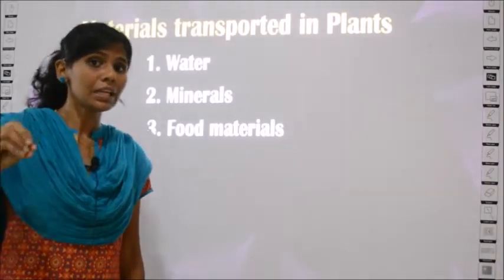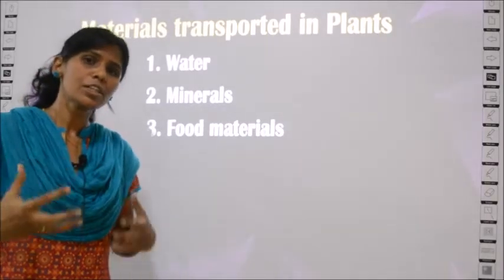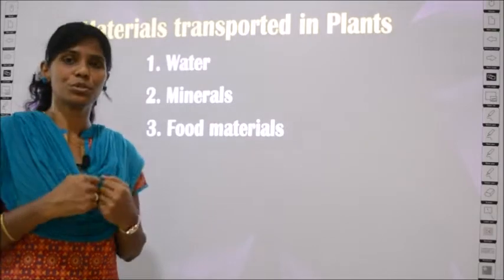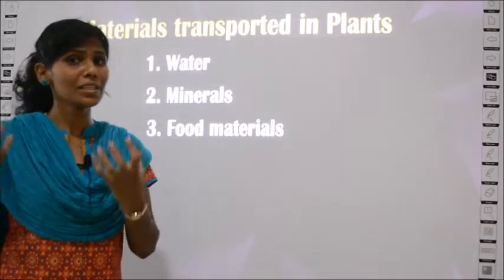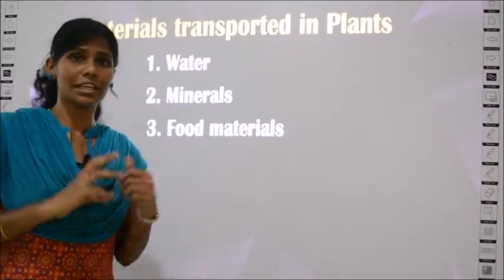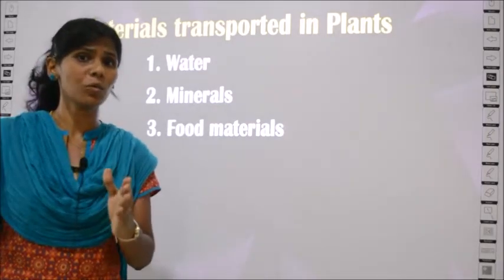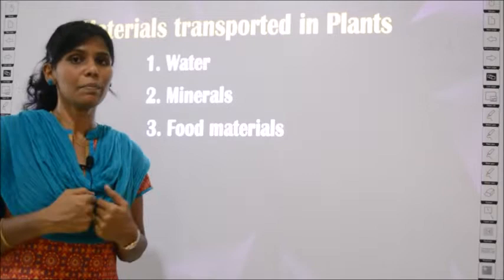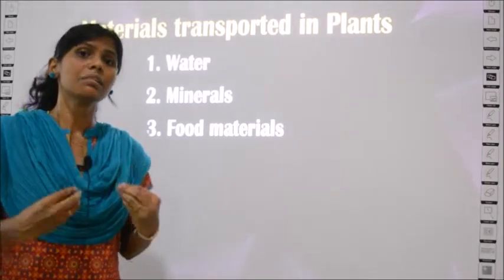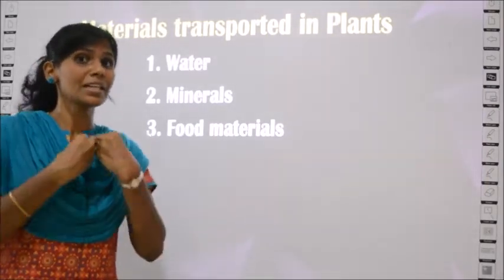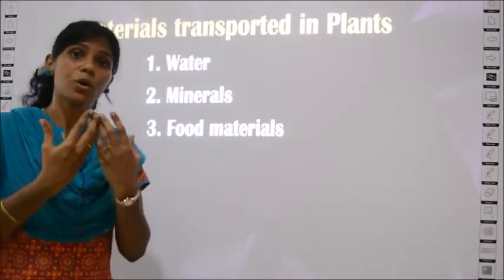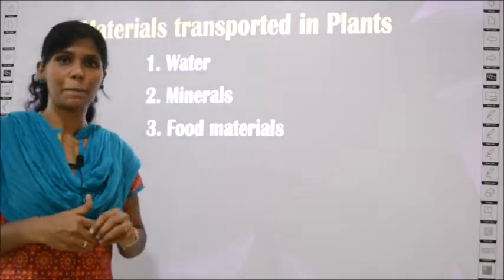Similarly, these minerals in the soil also dissolve well in the water, and then the root takes up this mineral water just like it takes ordinary water. Then the roots transport these minerals to all the parts of the plants.